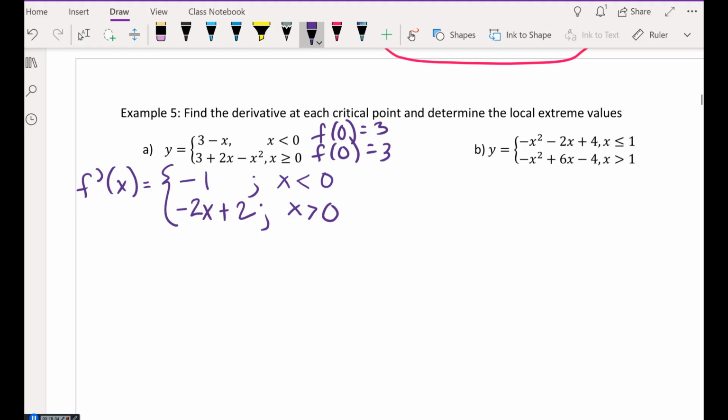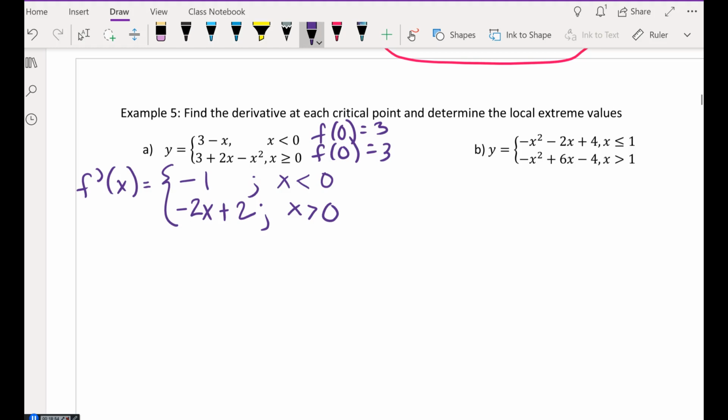Right? So that's why the derivative doesn't exist at 0. Now what? I can't set it equal to 0, okay? But the critical point doesn't just have to be 0.